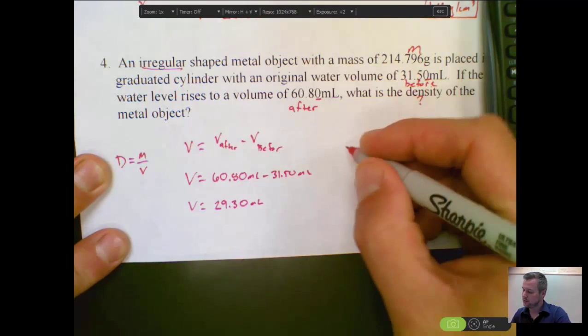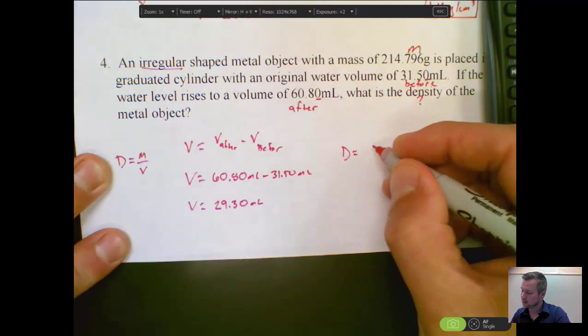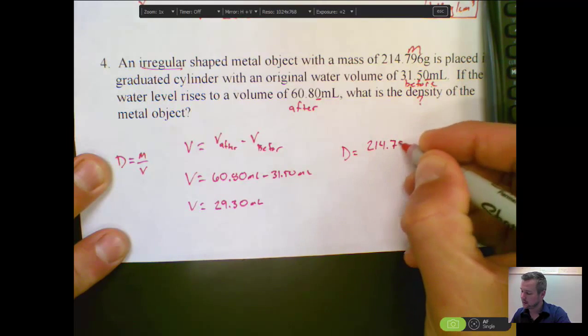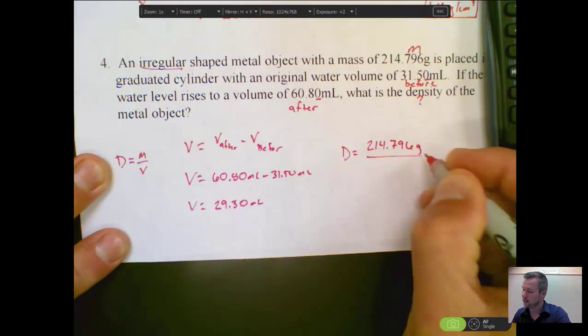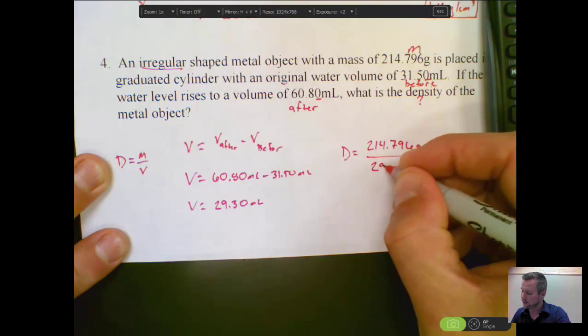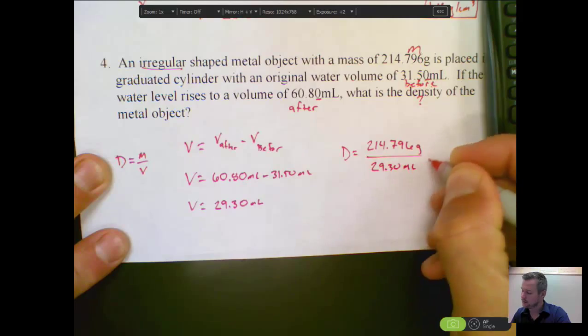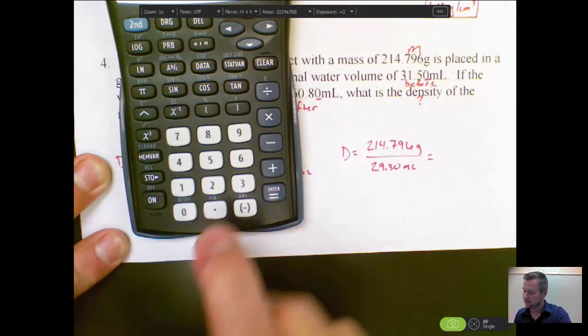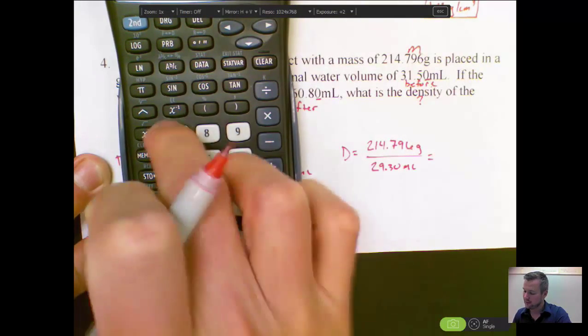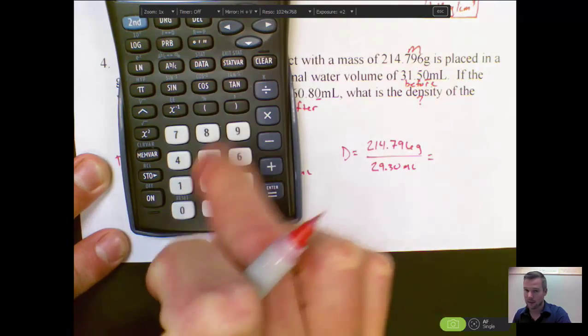Not our final answer. D equals M over V. So the 214.796, we already identified that, divided by the 29.3 milliliters. 214.796 divided by 29.3.